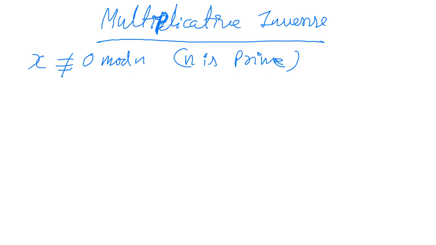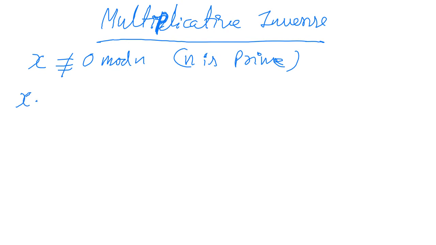So there must be some number that would be multiplied with x to get some value 1. That number is called multiplicative inverse.